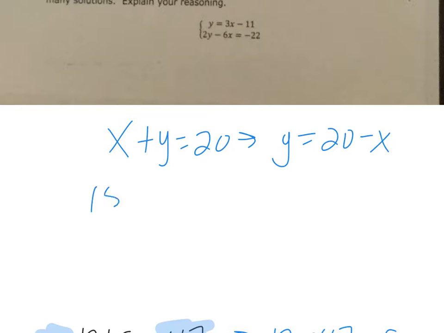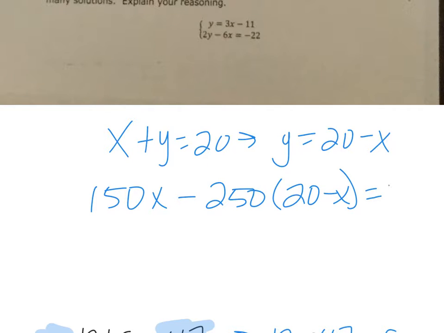Okay, so then 150x minus 250, instead of y, we're writing 20 minus x, has to equal 200 points. 250 times 20 is, I'm sorry, 5,000.